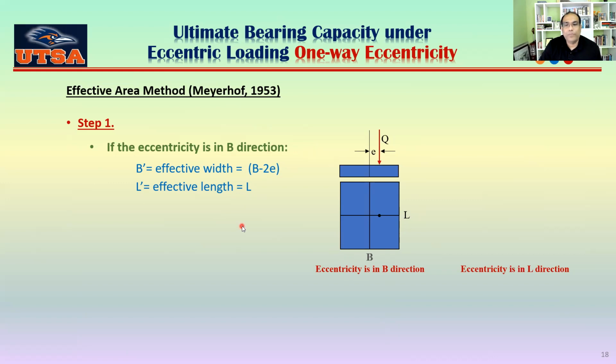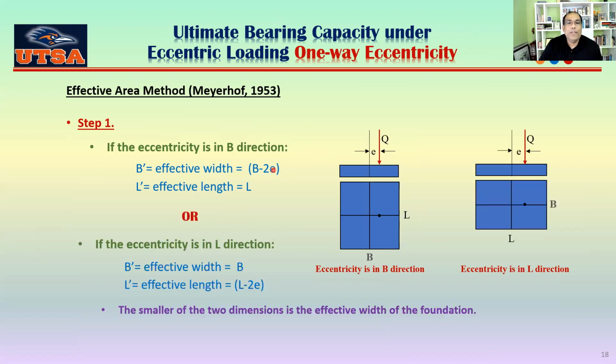Now, your eccentricity could be in the L direction too. Here is your L direction, this is your B. In that situation, your B prime, the effective width, would be equal to B, but your effective length would be L minus 2e.